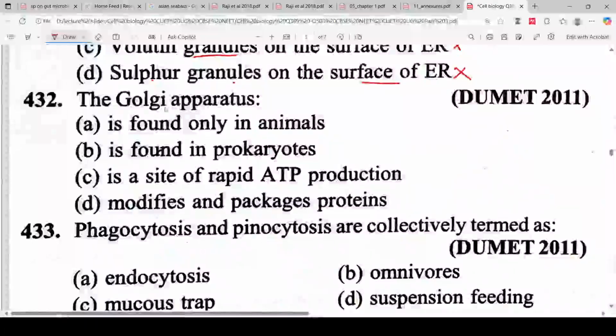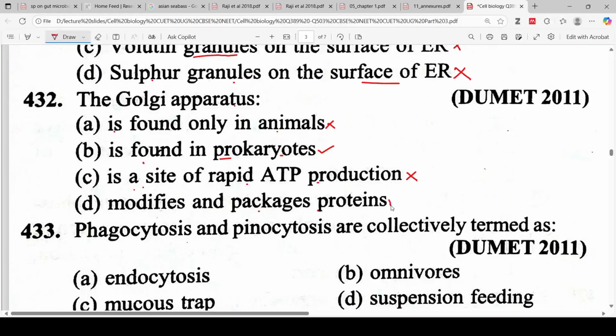Next question, the Golgi apparatus is found only in animals. This is not correct. Is found in prokaryotes. It's correct. This is a site of rapid ATP production. No, this is not correct. Modified and packaged protein.